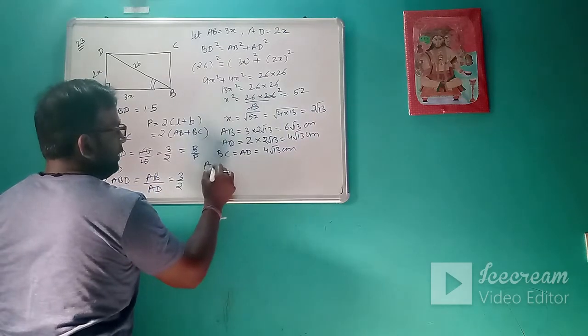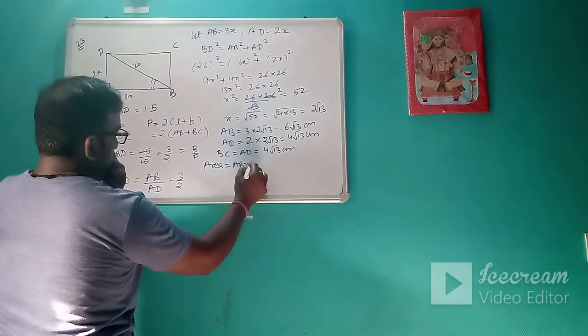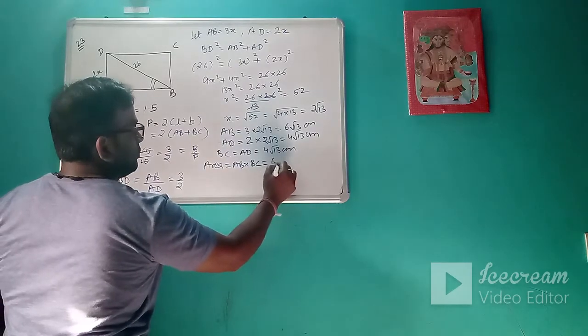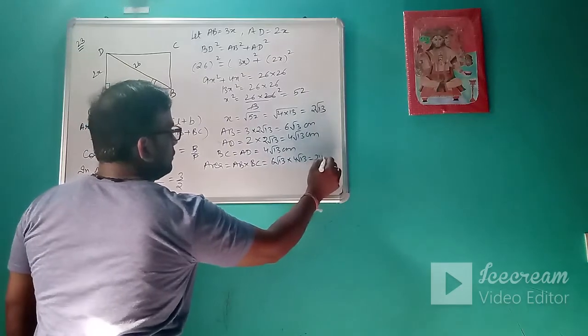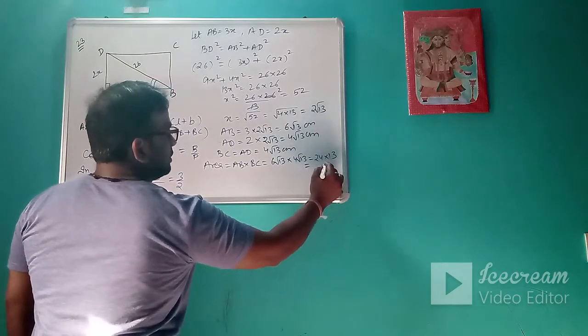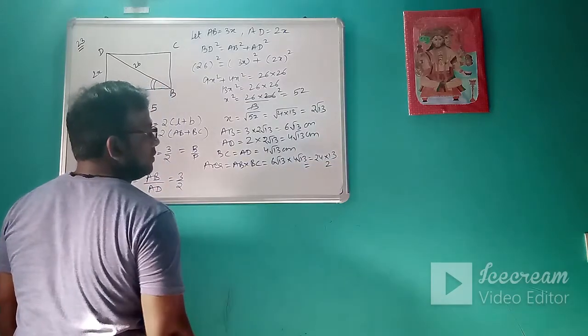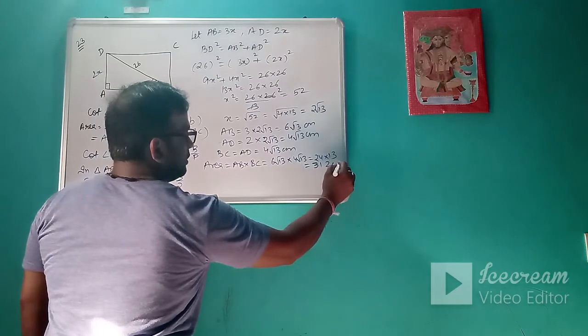Now you can easily find the area. Area is AB into BC, 6 root 13 into 4 root 13, that is 24 into 13 centimeter square.